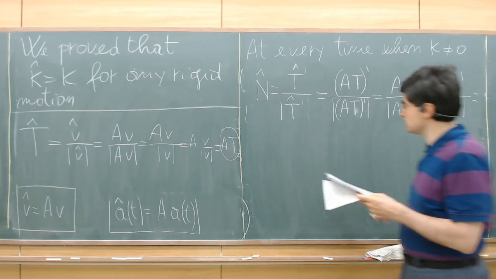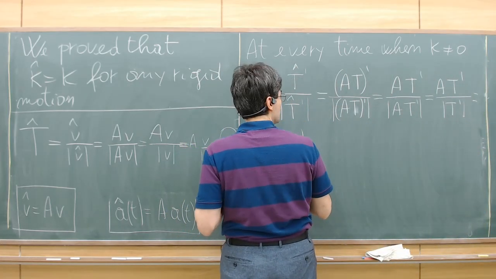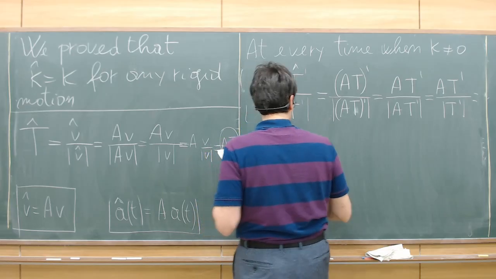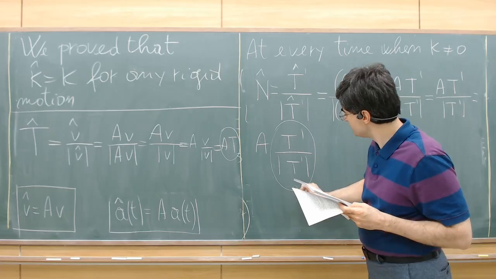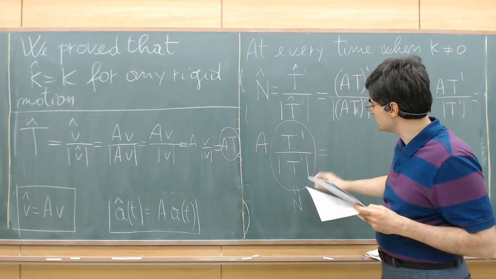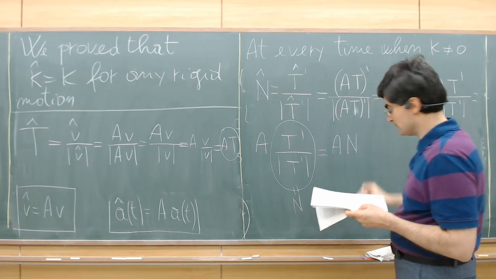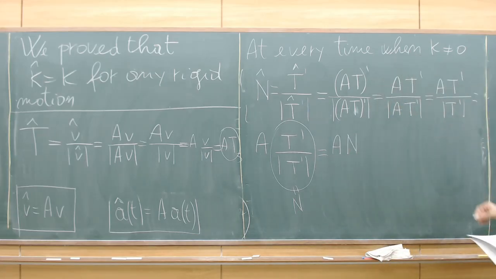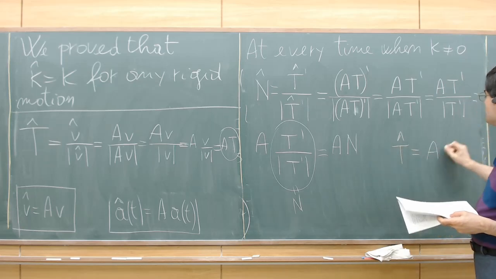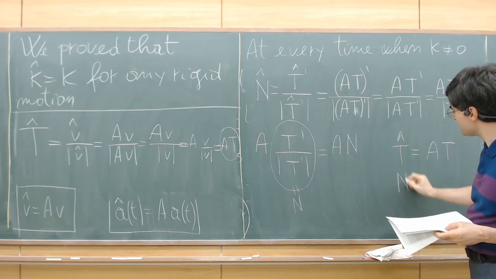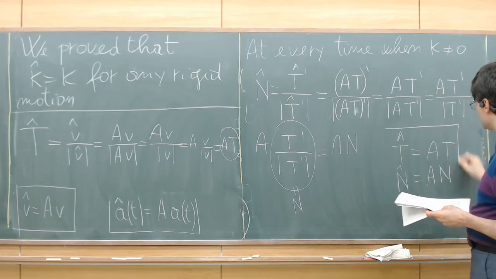So we get A multiplied by t prime over the length of t prime. This is n, the unit normal vector of gamma, so we get A n. So in conclusion, we proved t hat equals A t and n hat equals A n. This is what we proved so far.